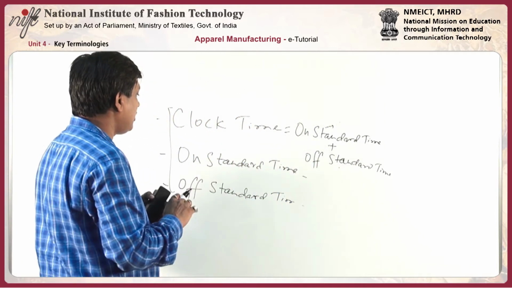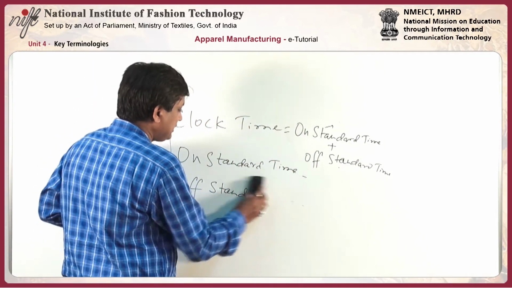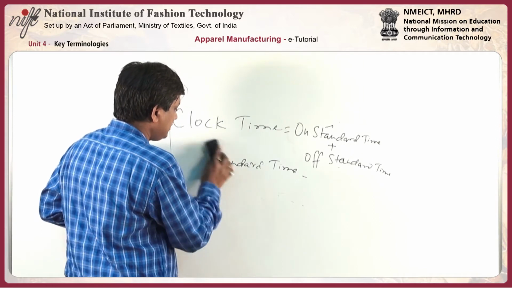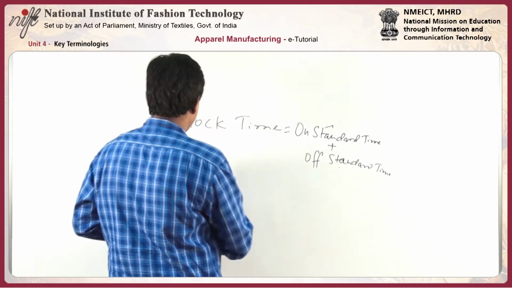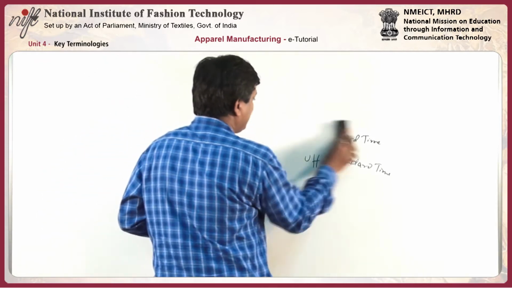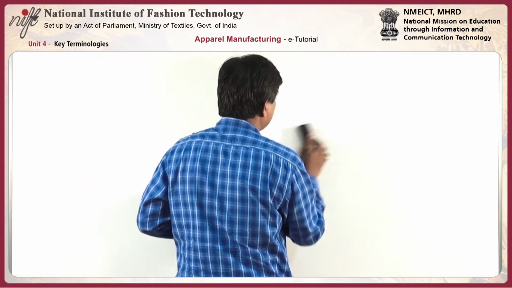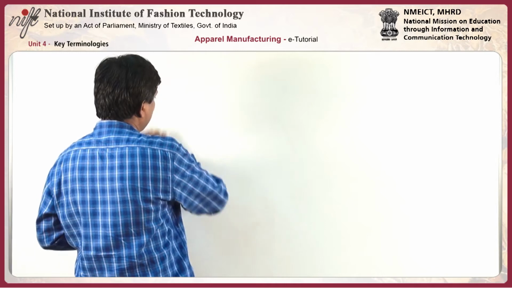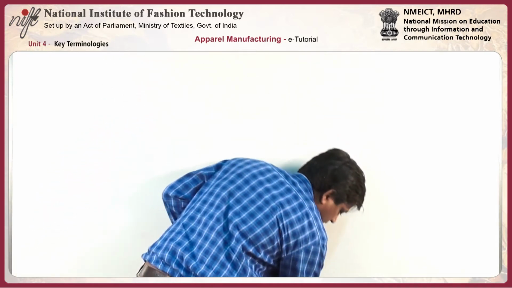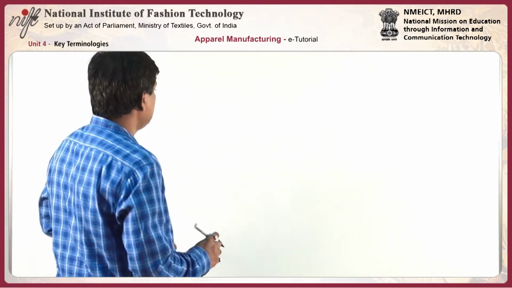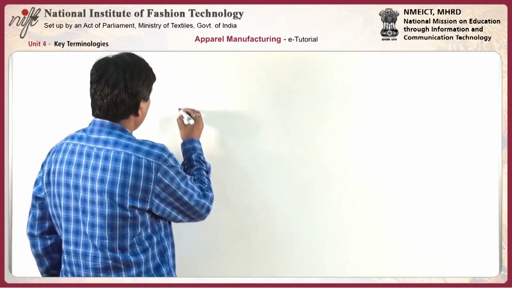Taking all the times into consideration together, it comes under the head of clock time. We will take one example to understand it better: how much clock time, how much on-standard time, and how much off-standard time there will be.